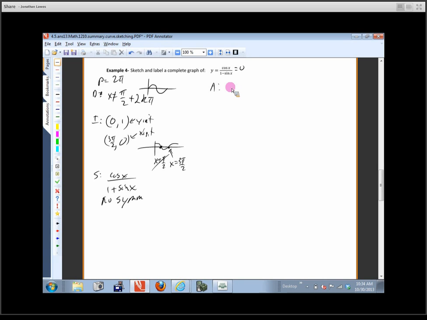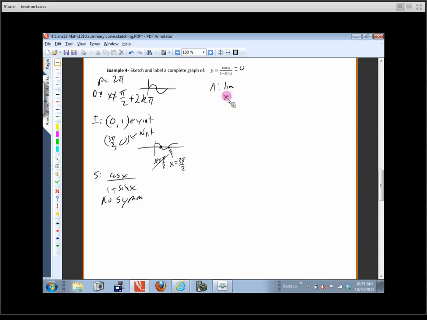End behavior, this does the same thing over and over again. So it's not like we're going to have a horizontal asymptote, or it's going to just continue to increase and increase because it repeats the same shape over and over again. Okay? So we don't need to check what's happening at positive infinity or negative infinity, because it's just repeating the pattern.